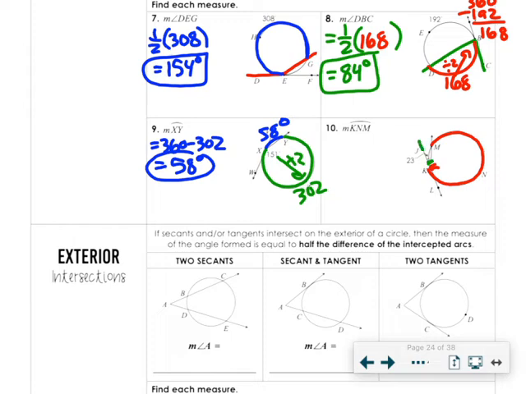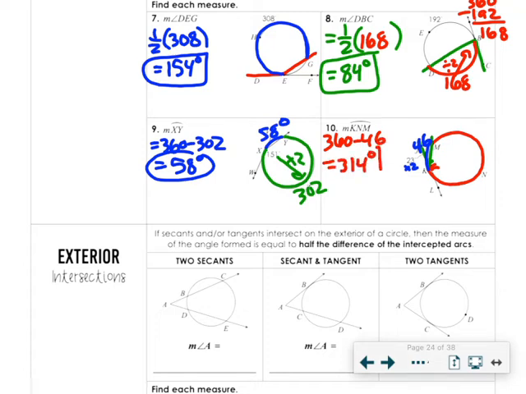That's this angle right here. So that's 23, which means, this picture's a little bit small, but that means that this blue arc is 23 times 2. So this is 46. The blue piece is 46. So I need to look at subtracting from 360. 360 minus 46 is going to give us 314.